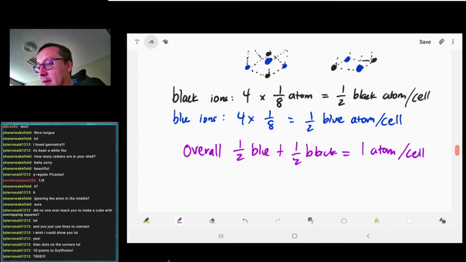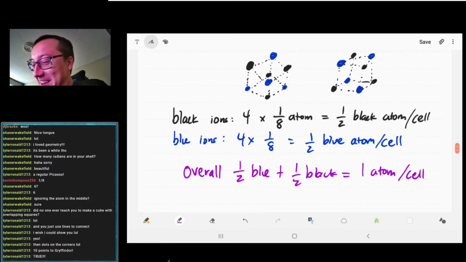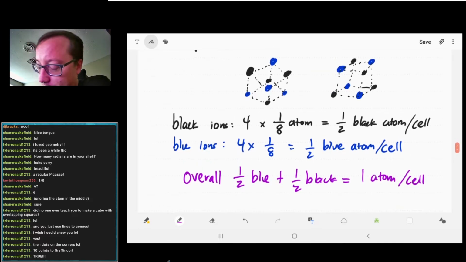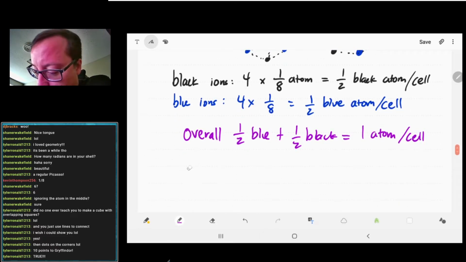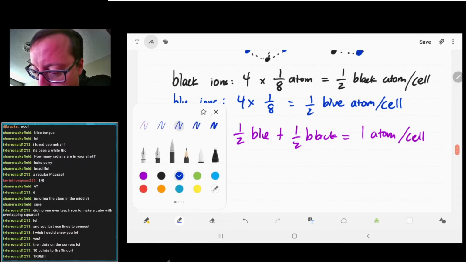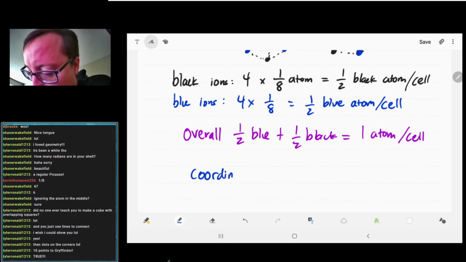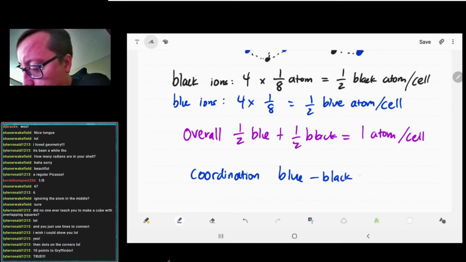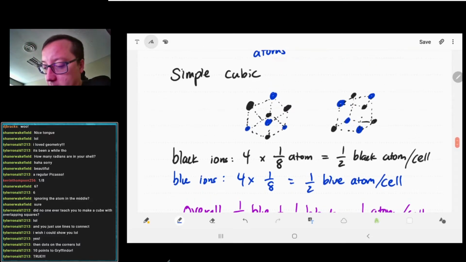Okay. If we look at coordination numbers, if we look for blue to black, if we expand this, which I'm not going to even try to do, but if we pretend that there are other unit cells around it, and we're looking at a black one and seeing how many blue ones are around it, how many blue atoms are going to be touching this black atom here?